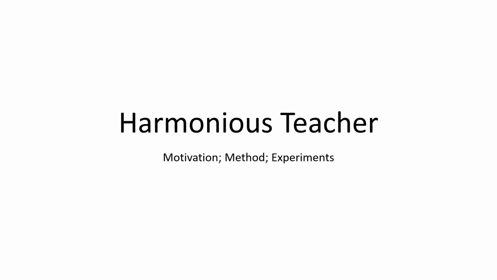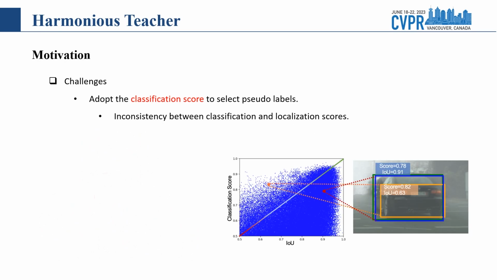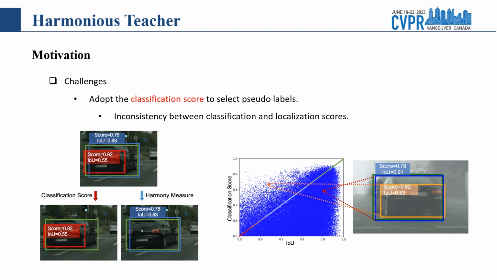In this work, we propose Harmonious Teacher, which addresses the challenge of self-training in CDOD. First of all, the existing works adopt the classification score to select pseudo labels, which neglects the inconsistency between the classification and localization. For example, we could see many inconsistent predictions in the target domain.